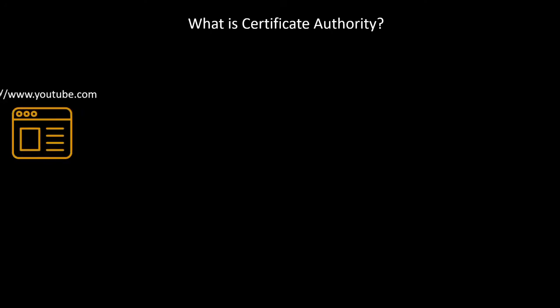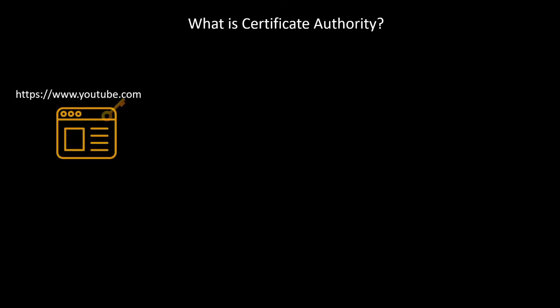In the previous discussion, we saw certificate authority. What is a certificate authority? To understand it, let's start with youtube.com. Now youtube.com has decided to serve requests over HTTPS. In order to enable HTTPS on youtube.com, youtube.com has created a public key and private key pair.